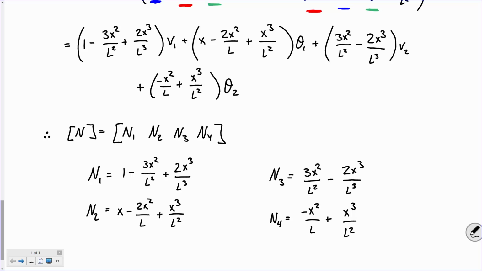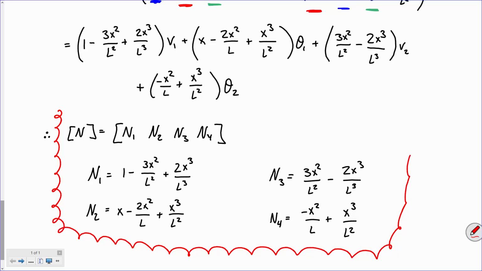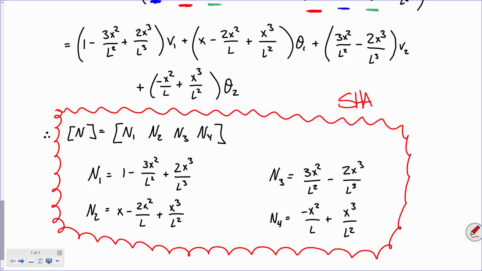There we go. So I propose to you that what's inside this right here, those are the shape functions that we've been talking about.